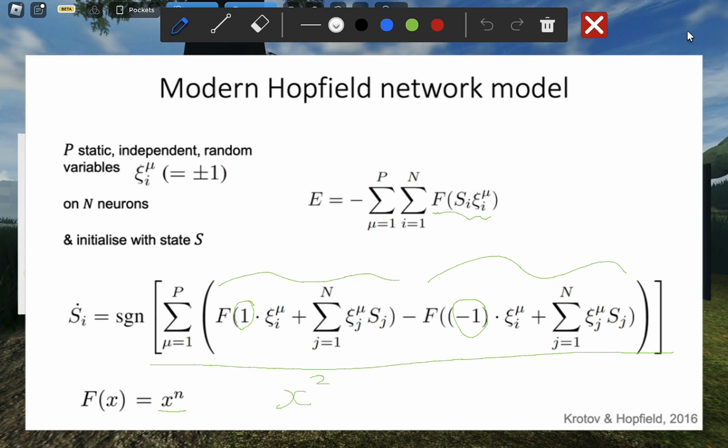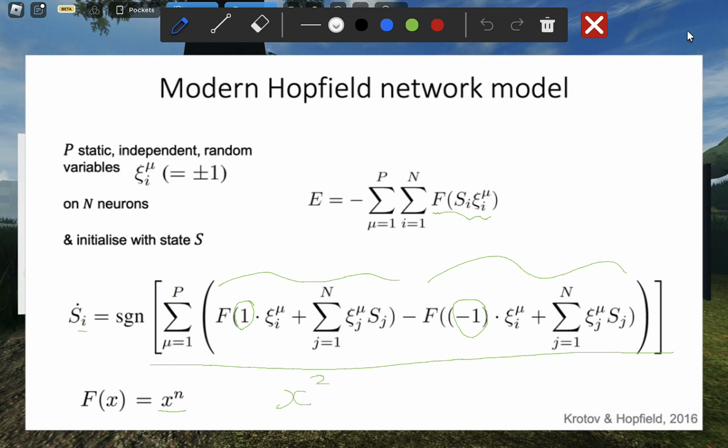So you can say what we're doing is finding the difference between, if we set our state i to up or down in the first and second cases respectively, are we getting closer to or further away from the minimum energy that we want? We're minimizing the energy if we go up or down. It's sort of checking, should we flip this up or down?